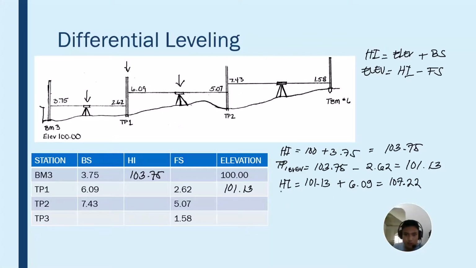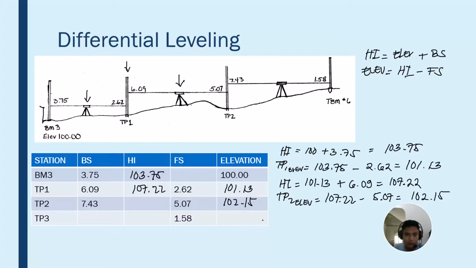Okay. Next, TP number 2 elevation. TP2 elevation is 107.22 minus the foresight of 5.07. Okay, 102.15. Then here 102.15.